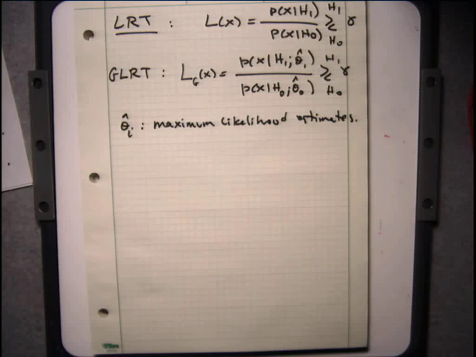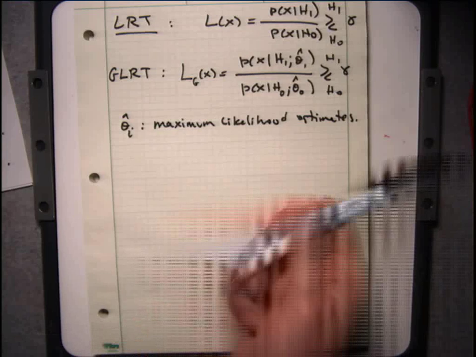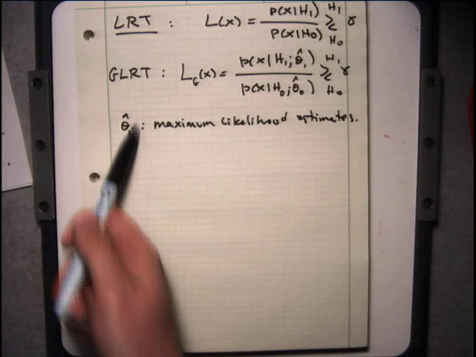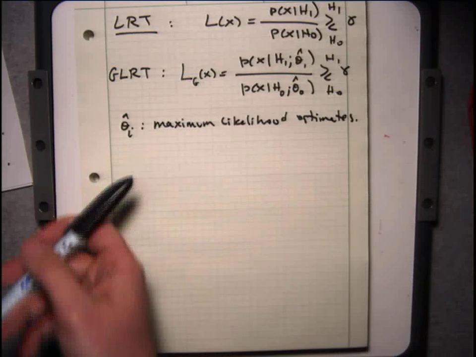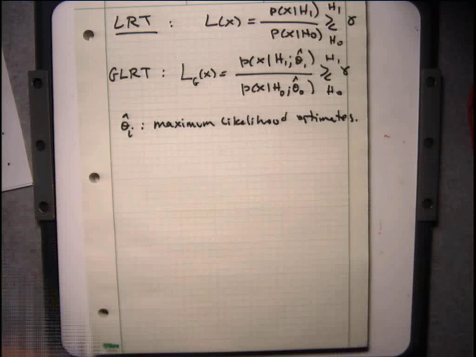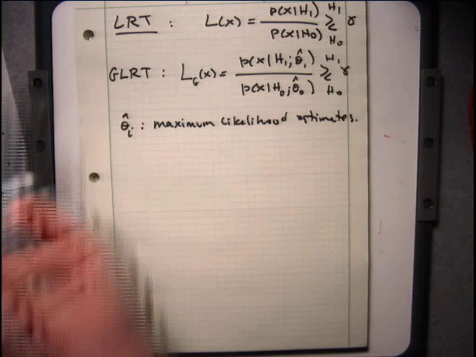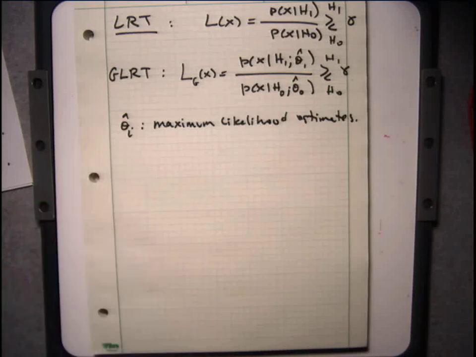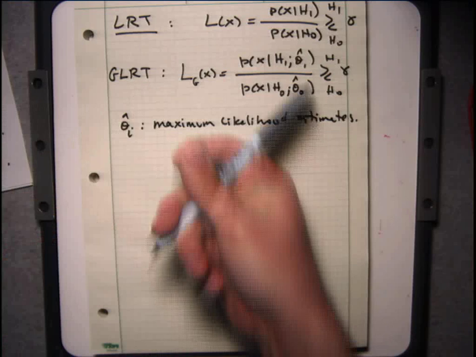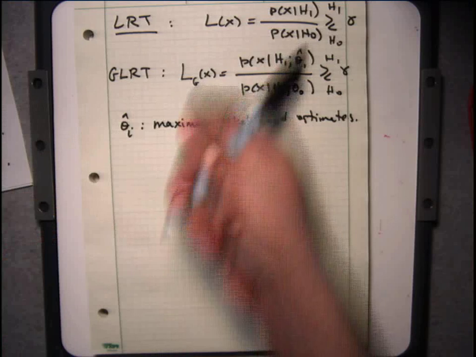Now, you might say, well, why maximum likelihood estimate? Why not use something else, like least squares or maximum a posteriori? You can, but then you can't call it the generalized likelihood ratio test, because the definition of GLRT is substituting maximum likelihood for these things.